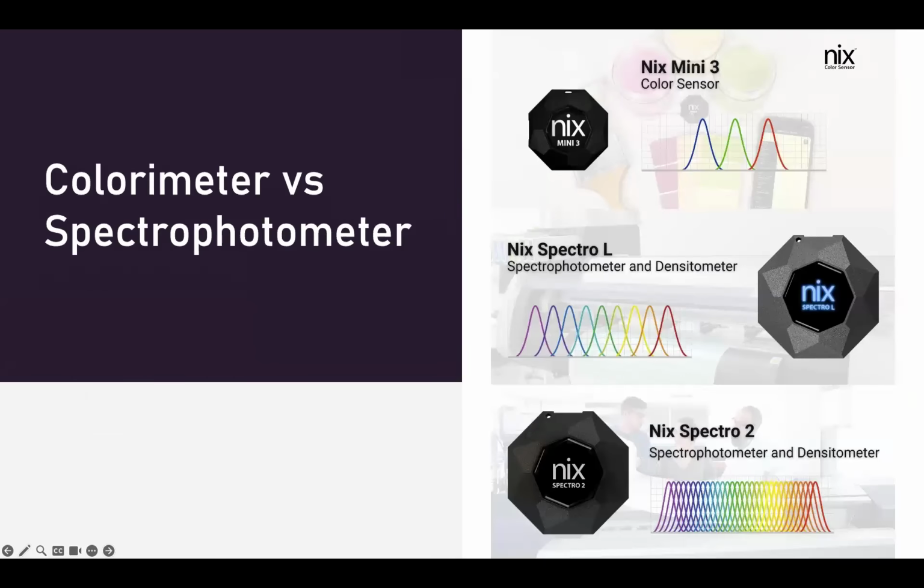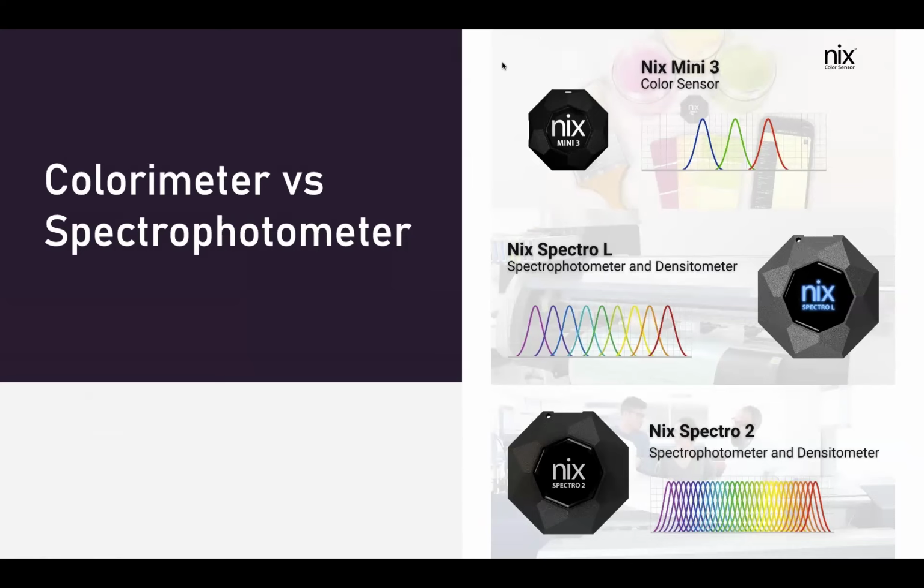You'll see a Mini 2 today. I'm not going to use it, but in general, the Mini 2 and 3 are, as I mentioned, colorimeters. And that means that they only measure in 3 channels. So you can see up at the top, they measure in red, green, and blue. So that's it. The Spectro L measures 9 different channels across the entire visual spectrum. I'm going to let this person in our meeting.